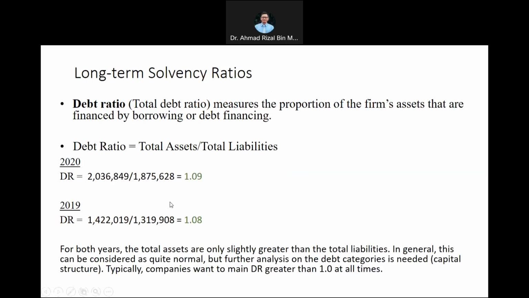In both years, it's greater than 1, showing that the total assets the company has are greater, although only slightly, than the total liabilities. In general, this is considered quite normal, okay? But knowing that under the liabilities there are two categories, right? The long-term liabilities and the current liabilities. So we need to do further analysis into the capital structure.